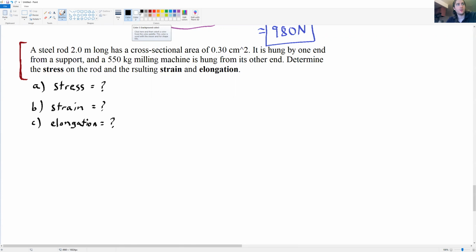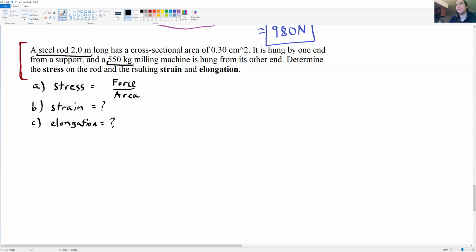We're going to go over the question, so stick around for it. It's important that we know how to do this. Stress is defined as force per unit cross-sectional area, so force over area. In this question, we have a steel rod, 2 meters long, that is supporting the weight of a 550 kilogram milling machine.